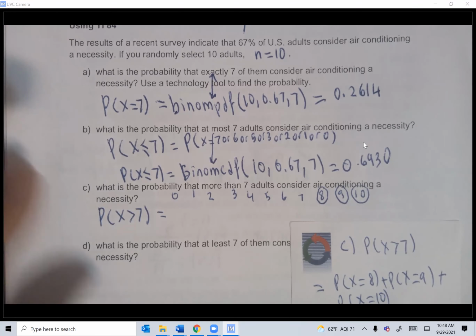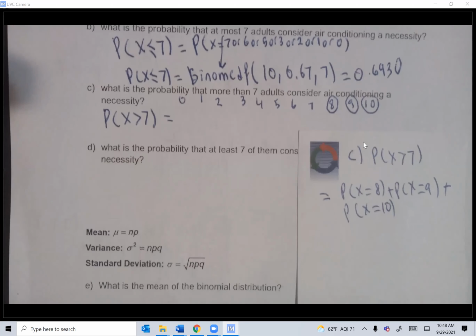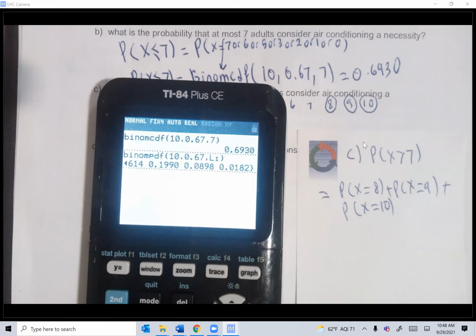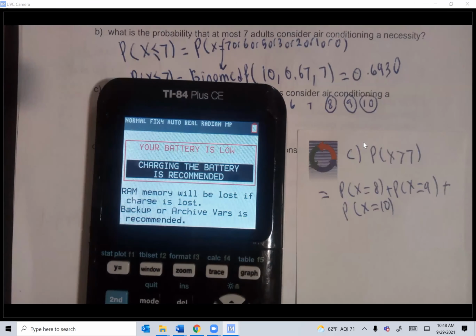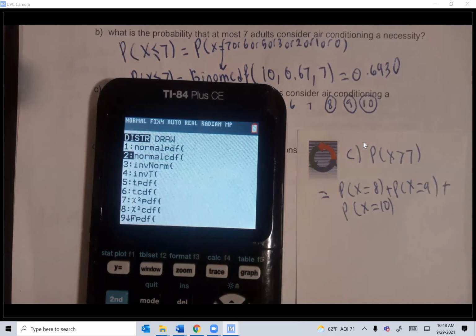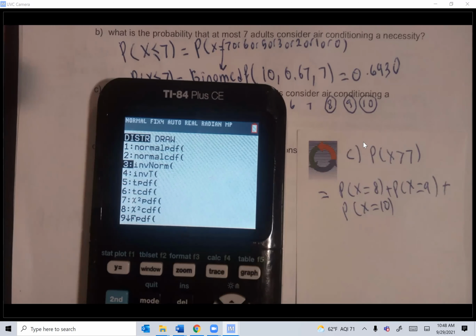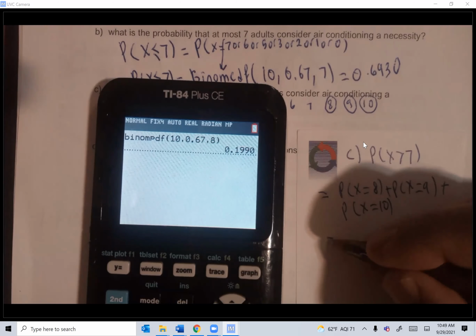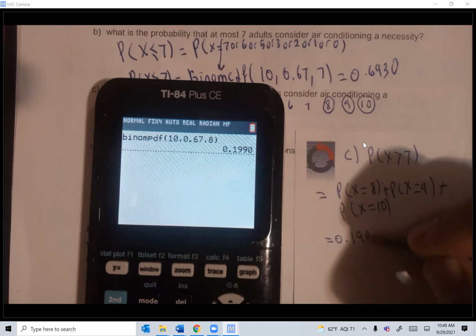And then you use binomial PDF on each one. And just to use binomial PDF on each one, guys, watch. You already did it, actually. So I go to second, distribute. So 10, 0.6. Okay, I'm going to just do 8 first, just to show you one at a time. That's 0.1990 plus.